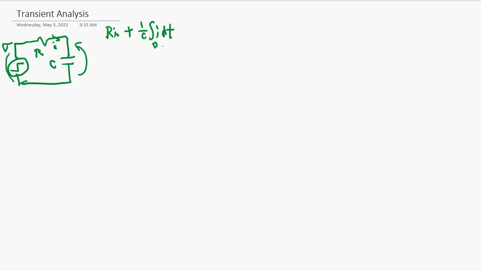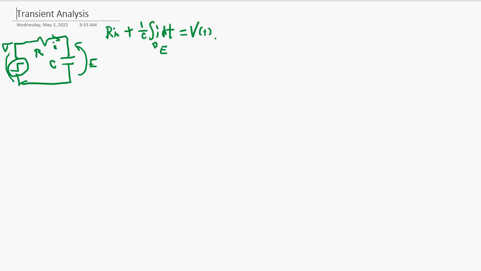This is E here, and the voltage across the resistor is going to be V, right? So we have to solve this equation.